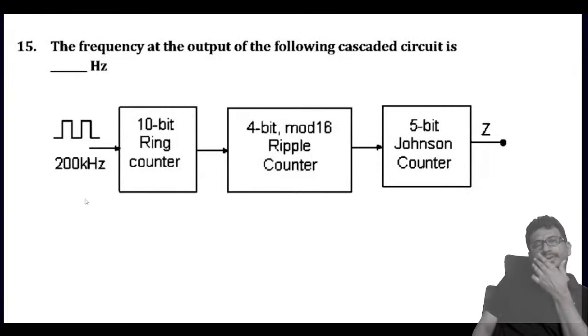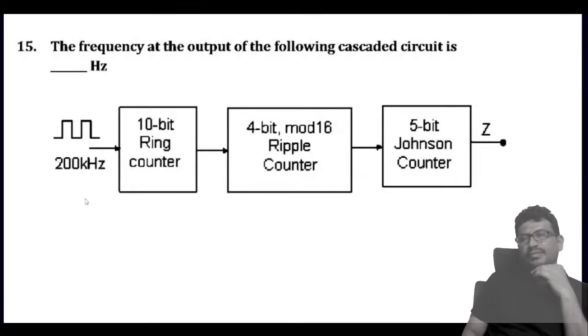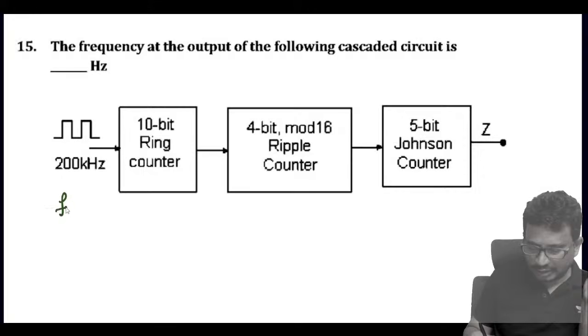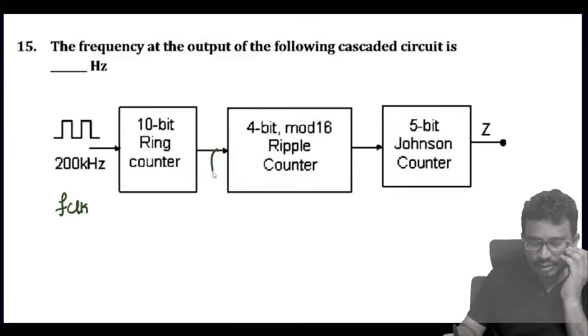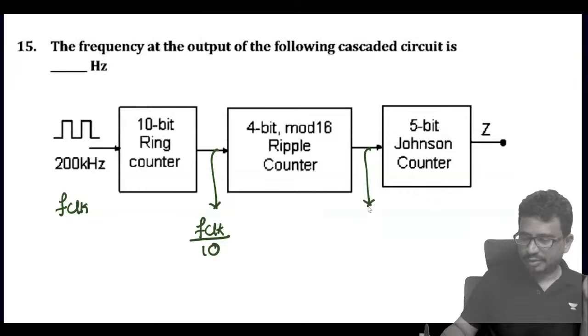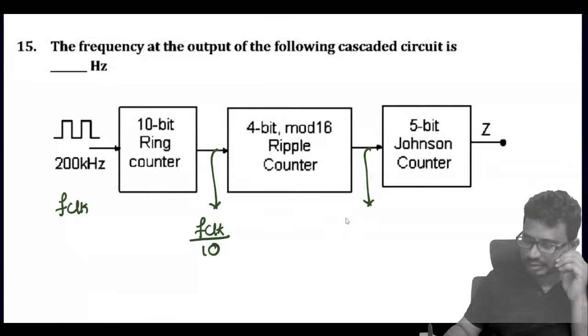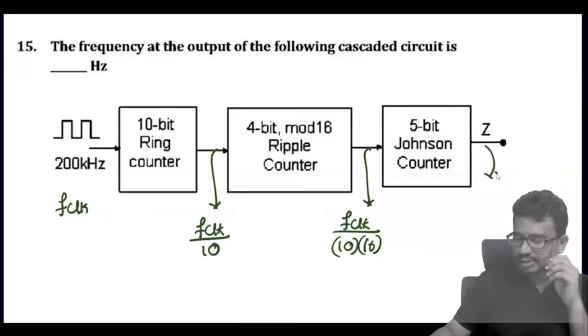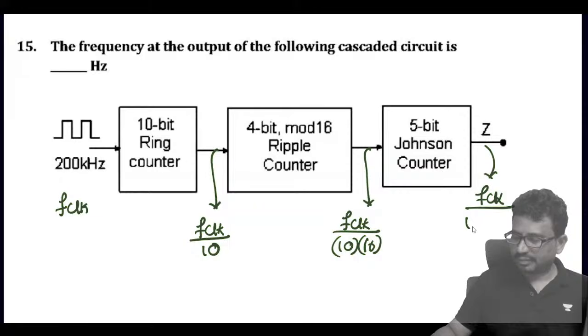Next, the frequency at the output of the following cascade circuit is. Here, this is the clock frequency, ring counter, mod n. So this means F clock by 10. Here, mod 16 is given. So we can say F clock by 10 into 16. And this is Johnson counter 2n. So that is F clock by 10 into 16 into 10.